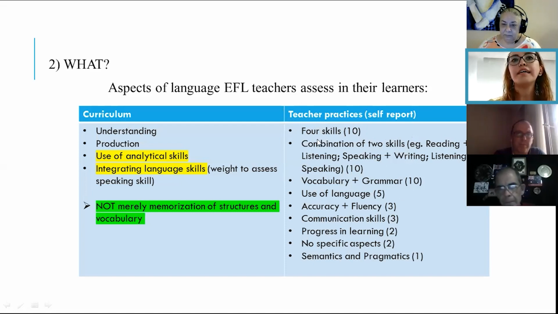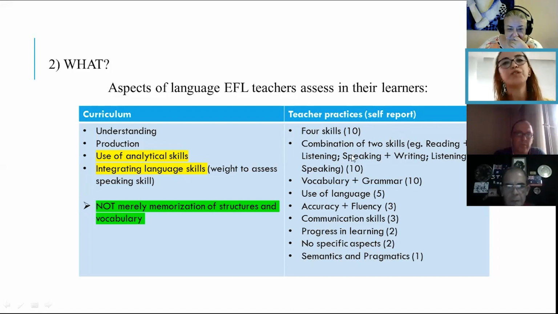Teachers said: I assess 4 skills; a combination of 2 skills, like reading, listening, speaking, writing; also vocabulary plus grammar, use of language, accuracy and fluency, communication skills, progress in learning. I have no specific aspects was given as an answer by 2 teachers, and semantics and pragmatics. So these are good to see here, I think.